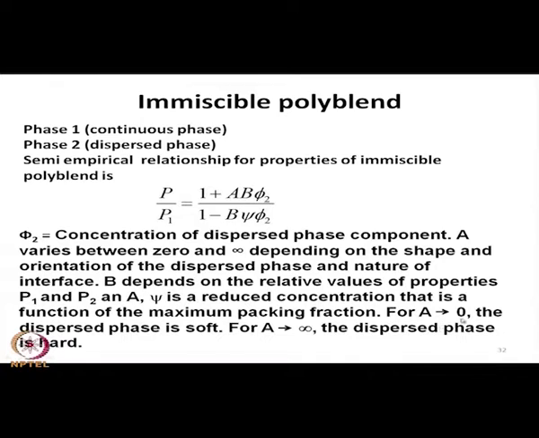For value of A tending towards 0, the dispersed phase is soft. For A tending towards infinity, the dispersed phase is hard. So, the value of A and the value of B and the concentration of the component polymers determine the overall property P of the polymer blend.